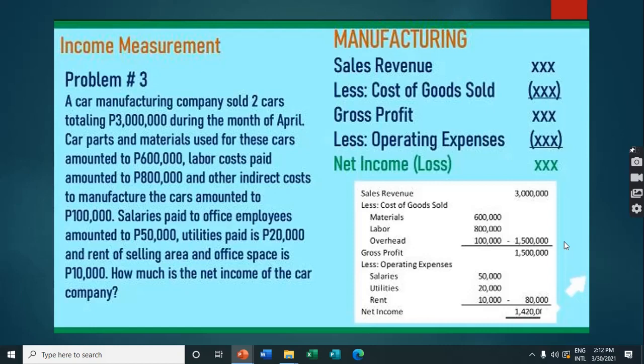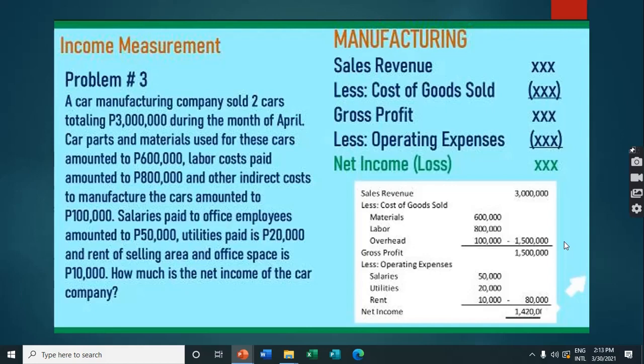So, ilas natin yung gross profit mo, which is 1,500,000, I should say. Ilas mo yung operating expenses mo, which is 80,000. Ayan, 1,420,000 yung net income mo dun sa dalawang sasakyan na nabenta mo.